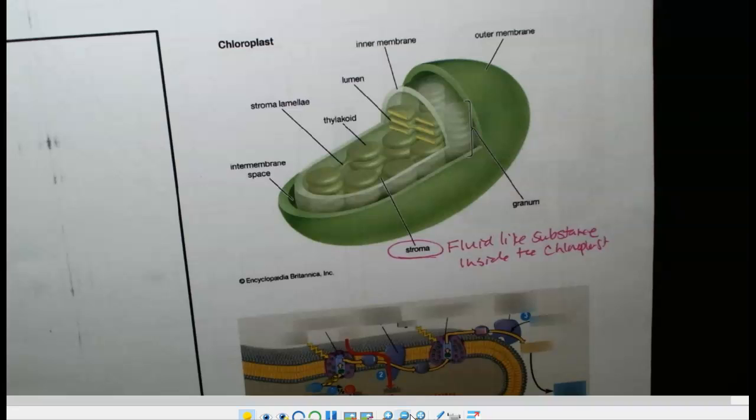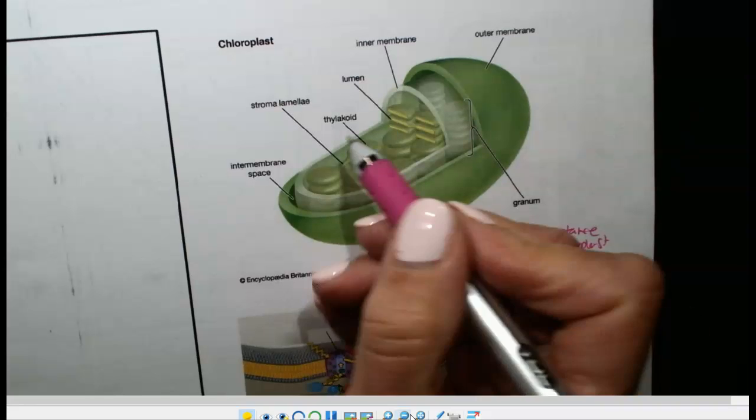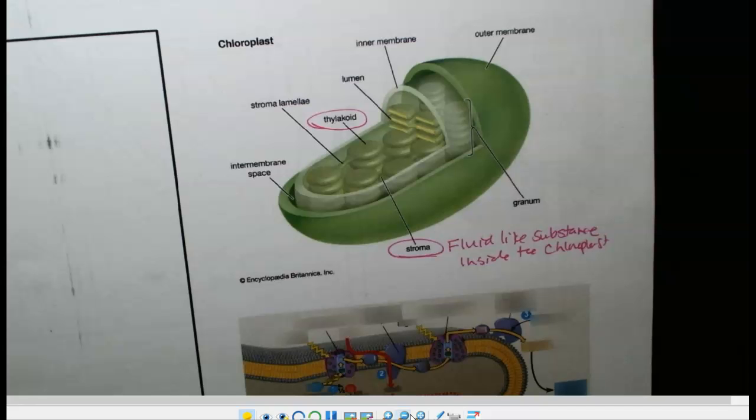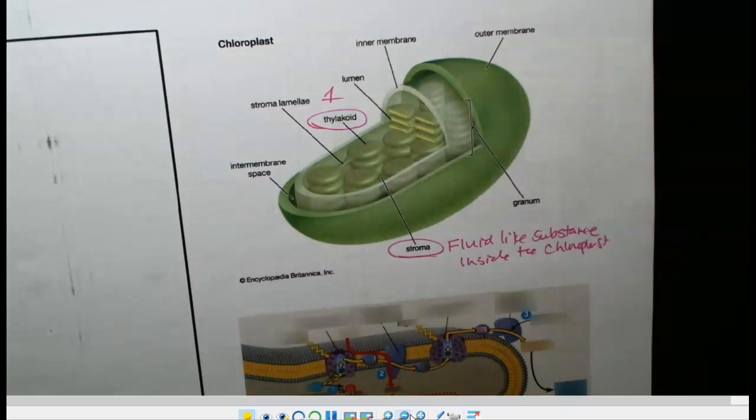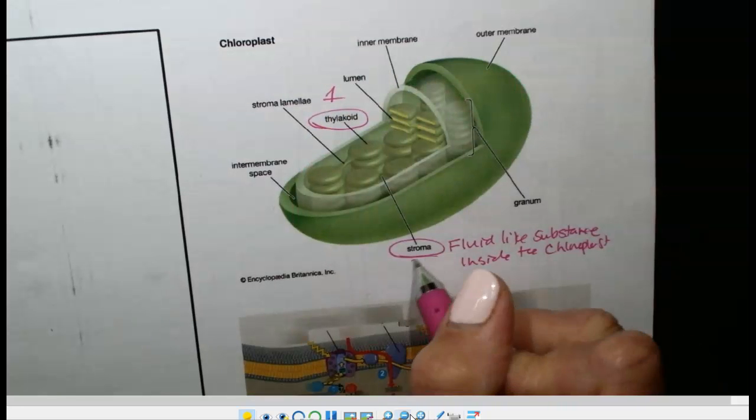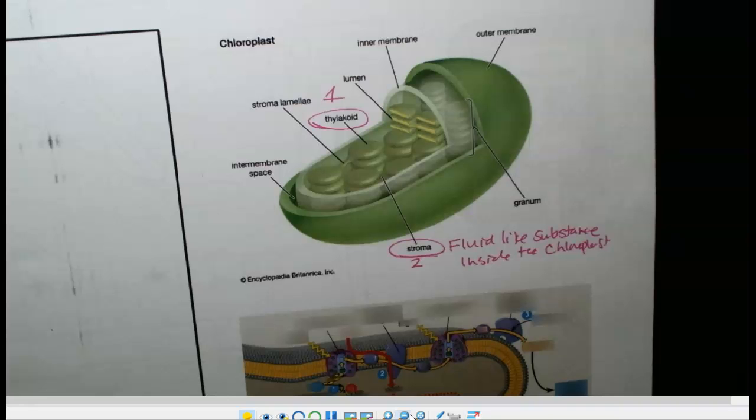It's fluid, and it's very much like cytoplasm. The other part that's very important is this thylakoid. The first part of photosynthesis, part 1, happens in the thylakoid membrane, and part 2 happens in the stroma. Okay, and we're going to break it down.